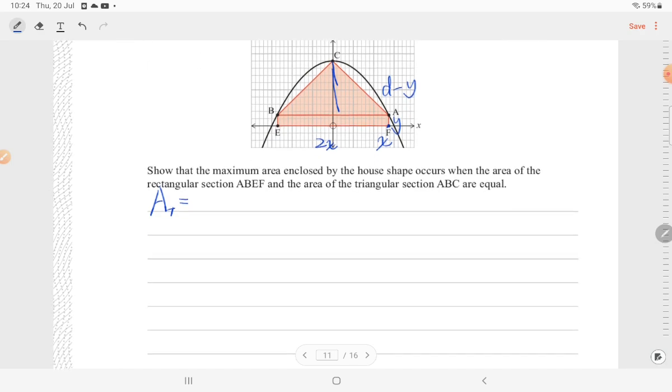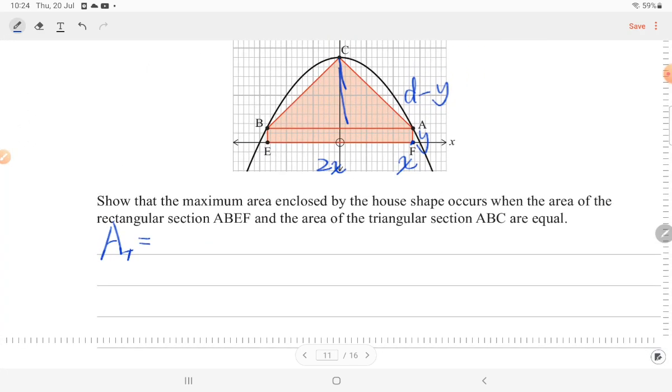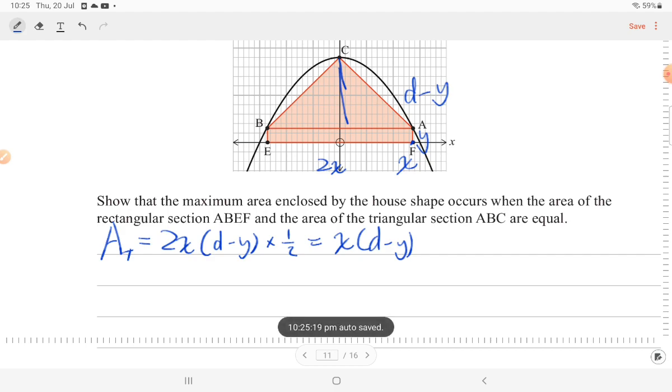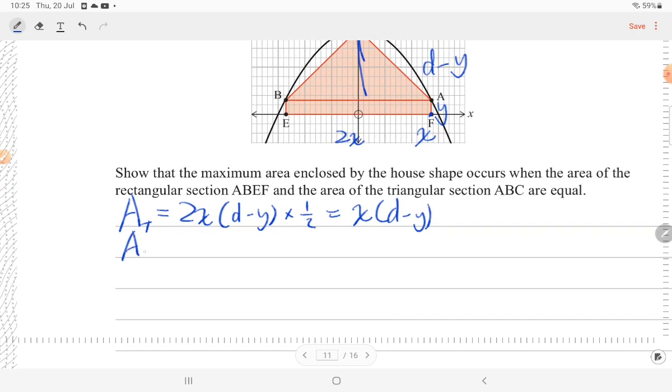So area of triangle is 2x times d take away y times half, which is equal to x of d take away y. And the area of the rectangle is like before, base times height, 2x times y.